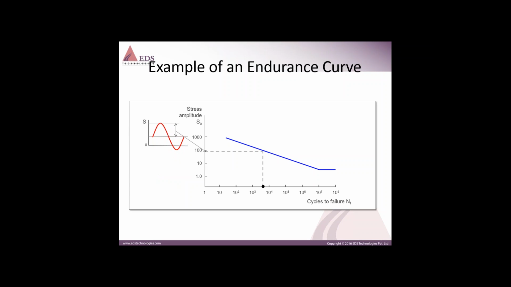So our life changes and it reduces. This is nothing but the effect of tensile mean stress, and we do mean stress correction for this purpose to use the same SN curve.